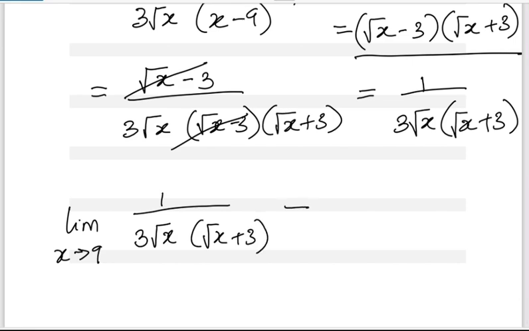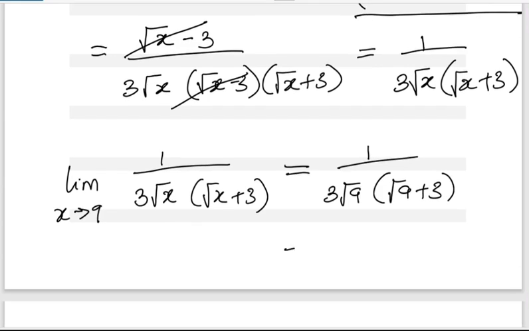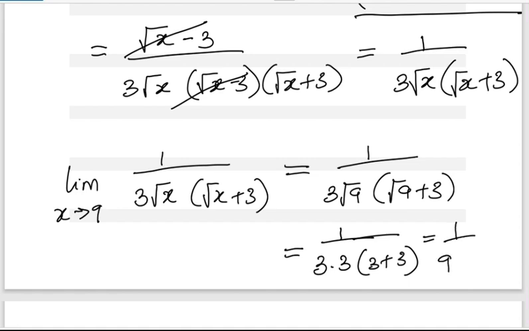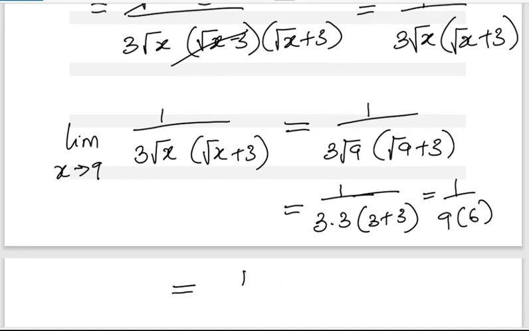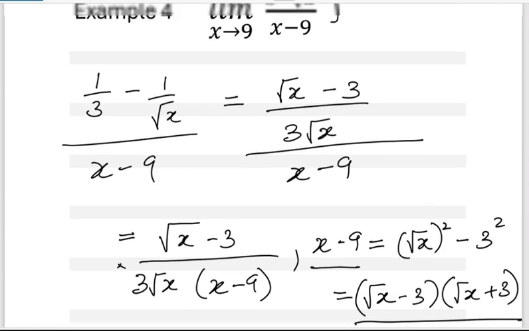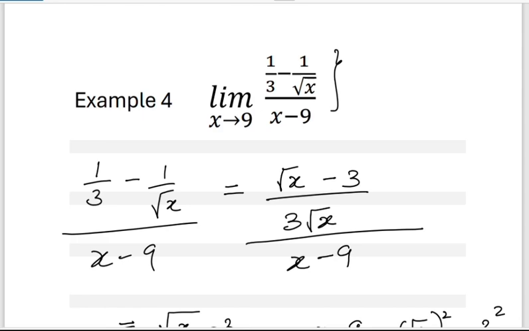And this is simply 1 over 3 root 9 into root 9 plus 3, which is simply 1 over 3 times 3 into 3 plus 3, which is 1 over 9 into 6, which is simply 1 over 54. And this is the limit of this as x tends to 9.